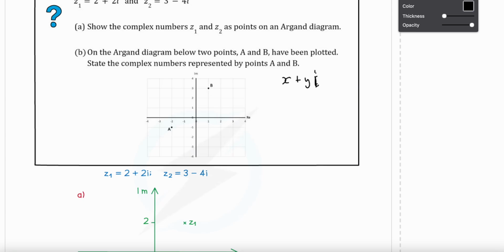The x is on the real axis. So for this one, it's minus 2. And the imaginary part, we have a minus 1. So it's minus i. So that's A.